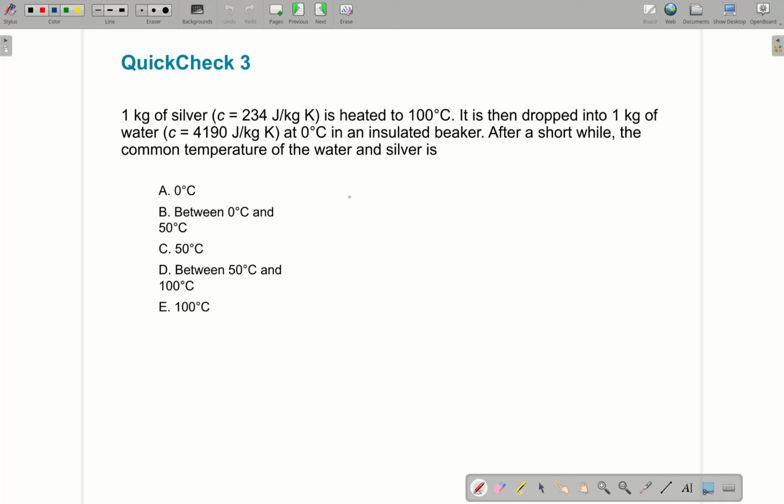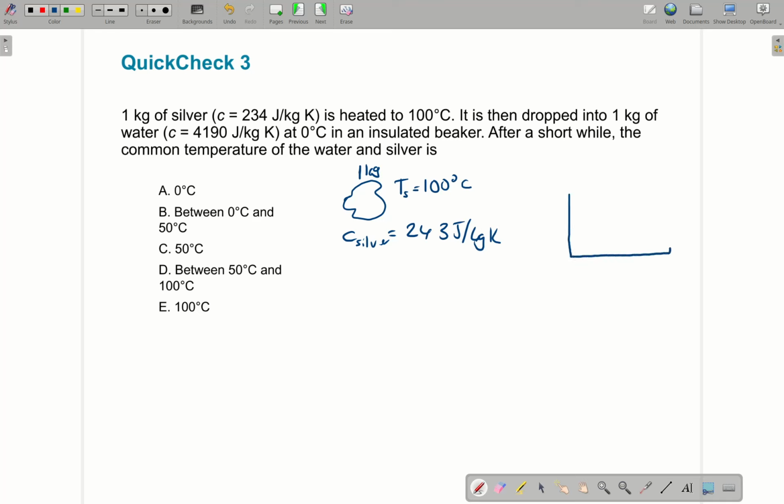This one is another logical question. We have silver, let's say 1 kilogram. It has a heat capacity of 243 joules per kilogram Kelvin. And it has a temperature, I'm going to call this TS, maybe T silver, 100 degrees Celsius.